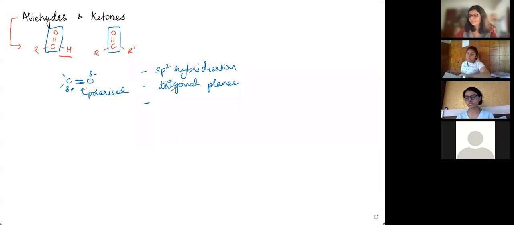In the carbonyl group, 3 sigma, 1 pi. So carbon is surrounded by 3 sigma bonds. There is 1 pi bond between carbon and oxygen. Yes.